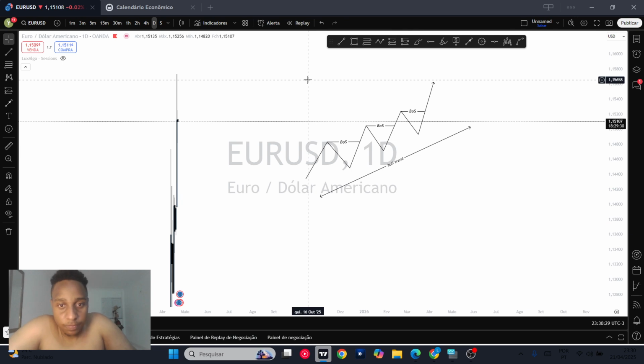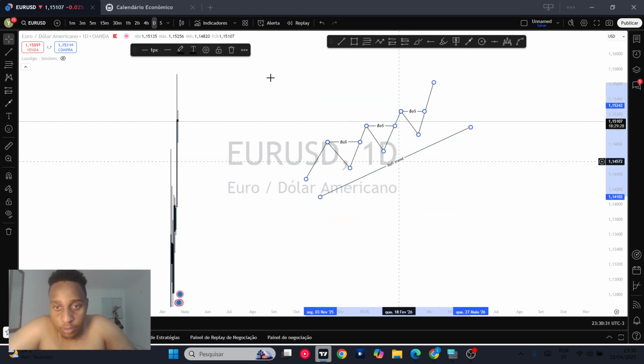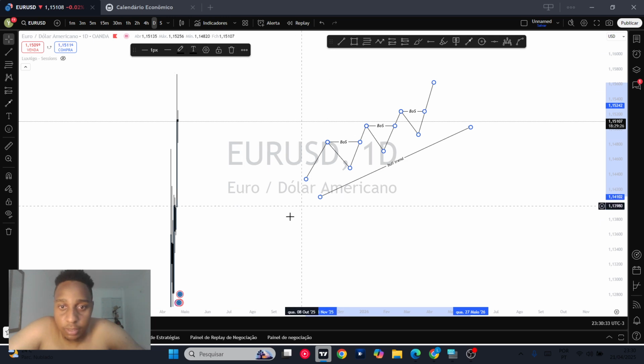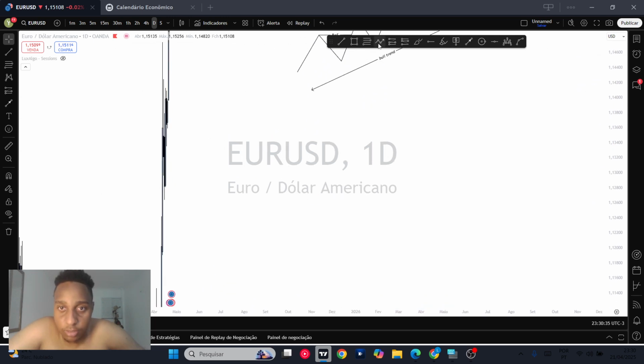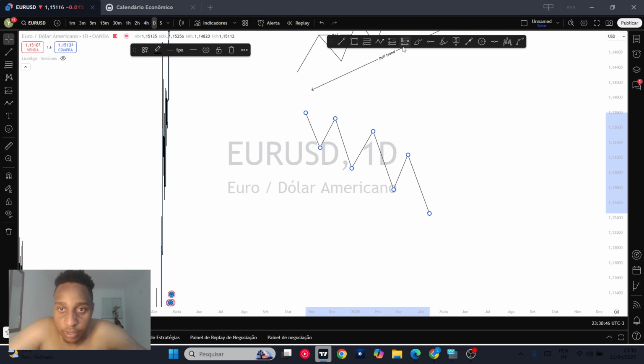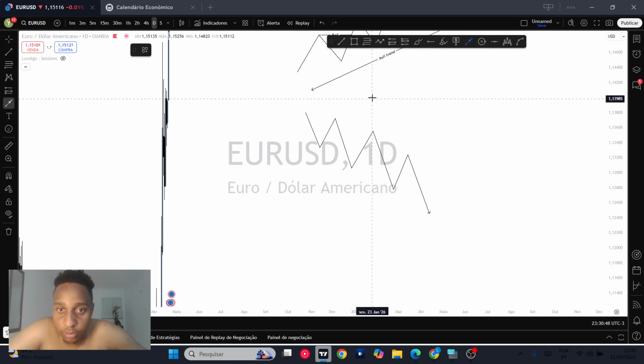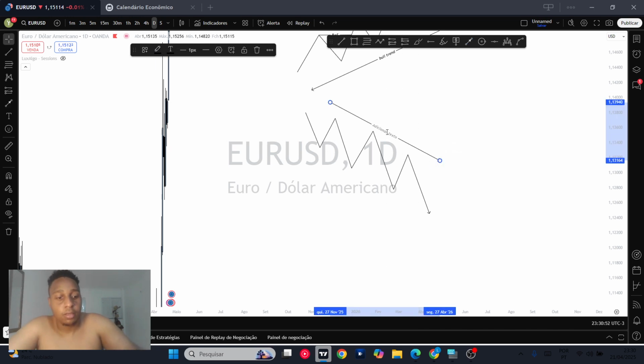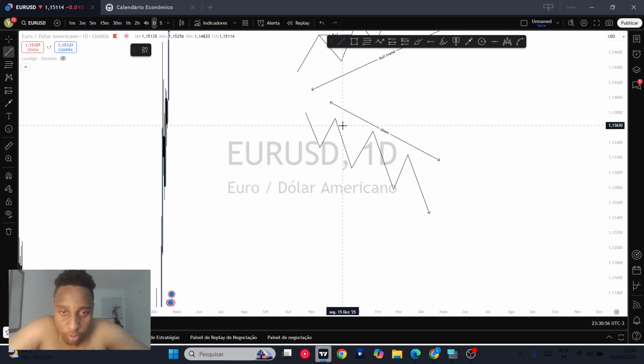Basically we are making a low, a high, a low, a low, a high, a low, a low, a high, and a low, and we are going into a downtrend. Basically we are going down and we are bearish, right?